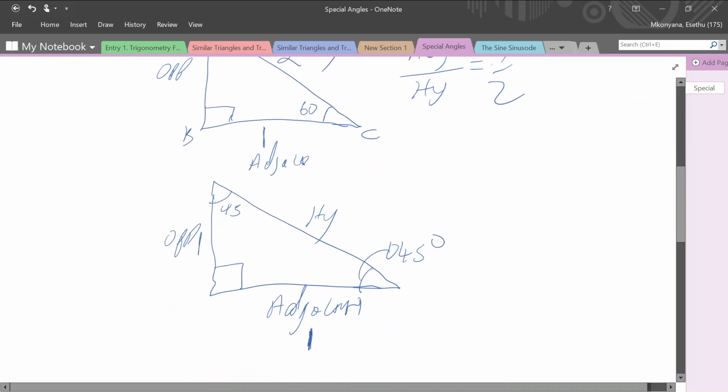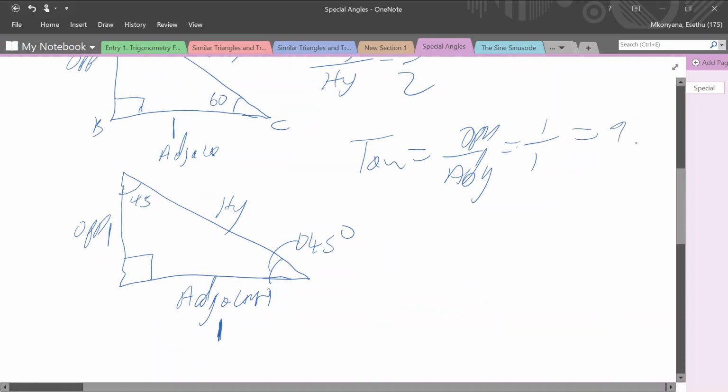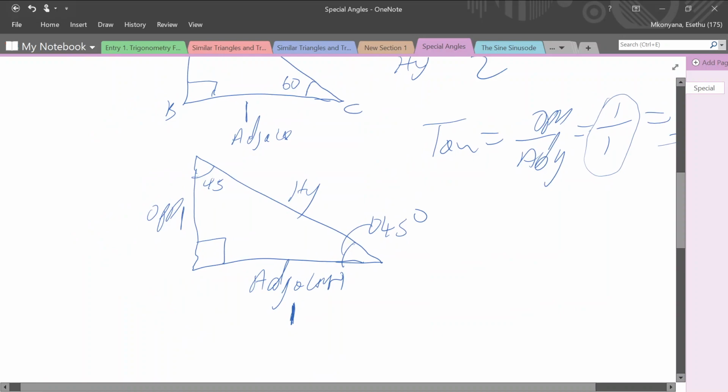So when we look at tan of this triangle here, which is equal to opposite over adjacent, it will always be equal to 1 over 1, which is equal to 1. Not really 1 over 1, but it will always be two values that are equal, which means they will always give you 1. So the ratio will always be 1.